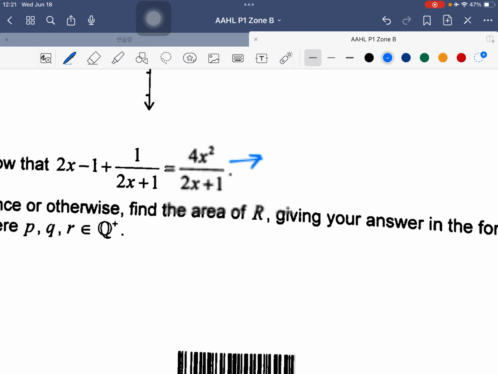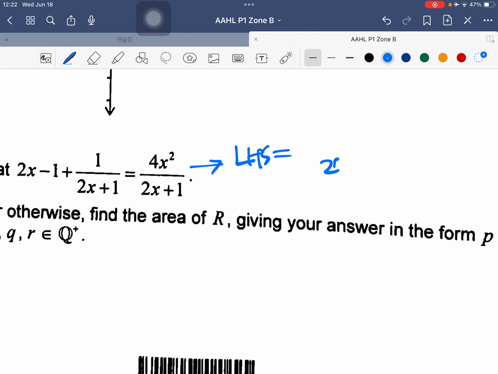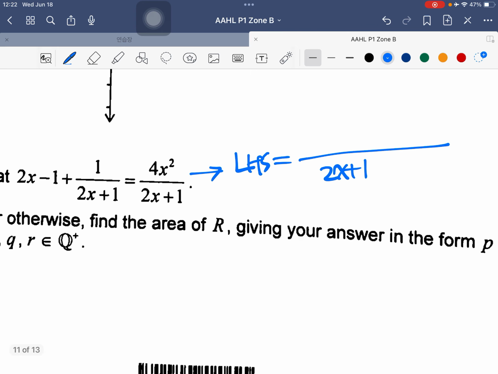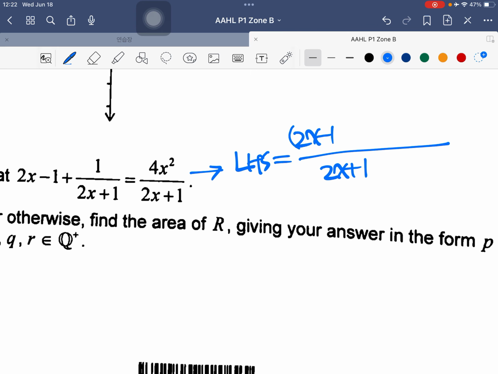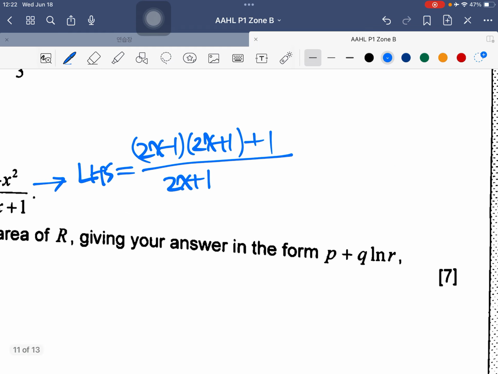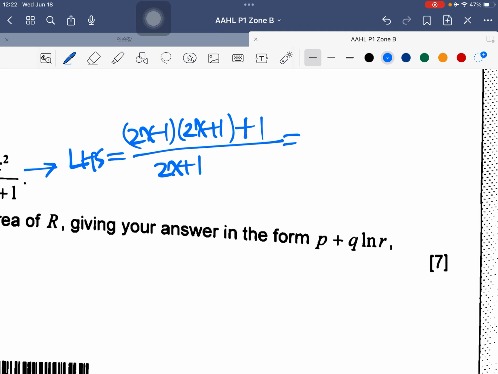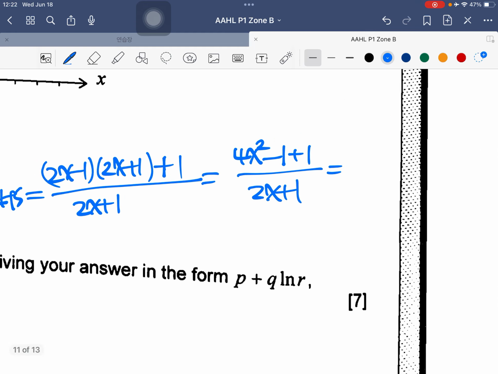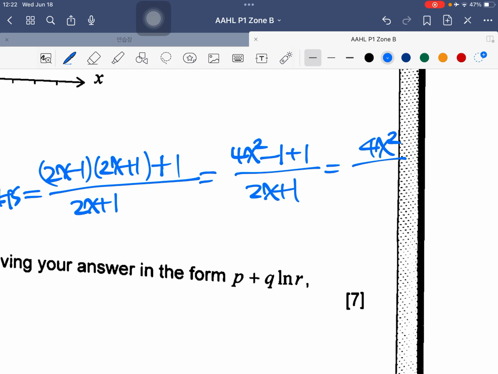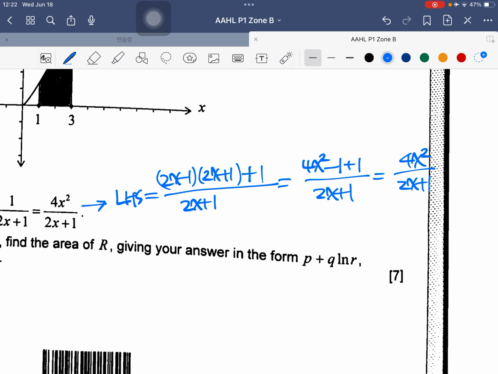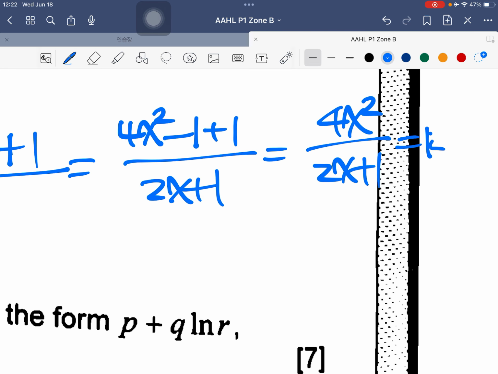On the left hand side, you make the bottom the same, so it's going to be 2x plus 1 over 2x minus 1 times 2x plus 1, plus 1. So it goes 4x squared minus 1 plus 1 over 2x plus 1, equals 4x squared over 2x plus 1, equal to the right hand side. So this is true.